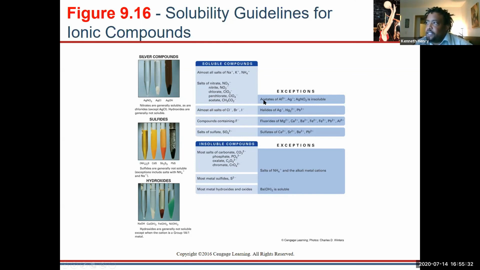Acetates aren't going to be soluble with aluminum. So aluminum acetate isn't going to be soluble. Silver acetate is going to be insoluble. Silver nitrite is insoluble. So these tell you these guys are insoluble with that. So again, you guys just have to worry about the table, not so much about this.